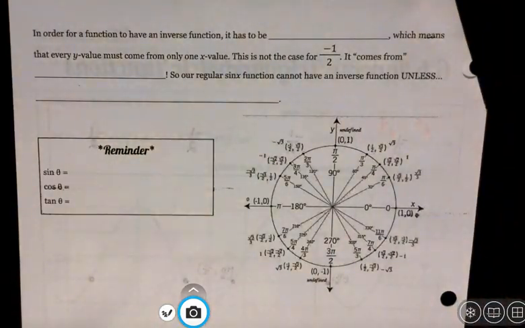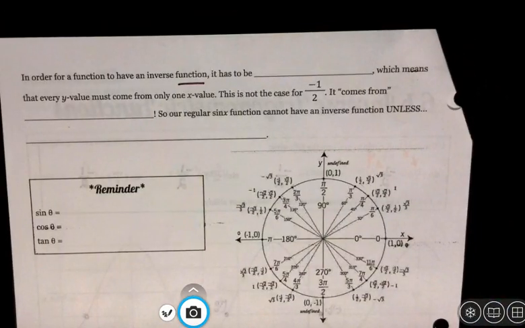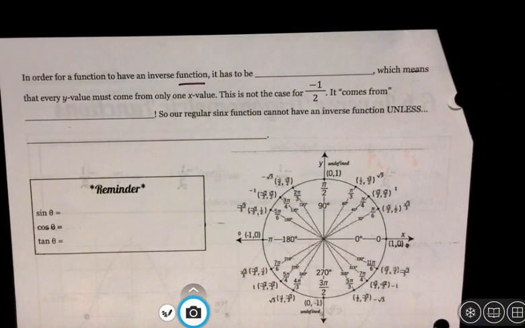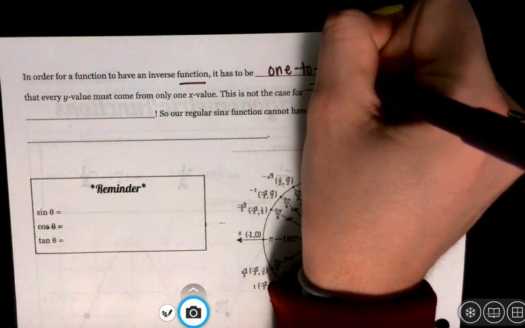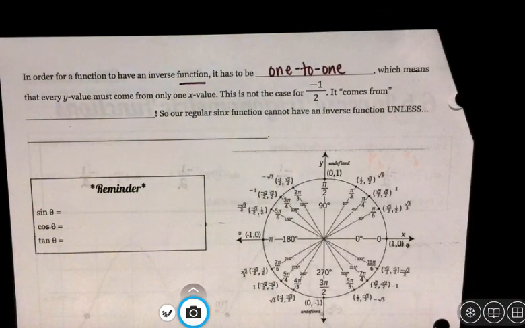So since we were talking about inverse functions, we do have to make sure that it is still a function for it to work. And all functions we know can only have one output for every input, which means it has to be 1-to-1. So that means for every y value, it must come from only one x value, or every x value has only one y value.